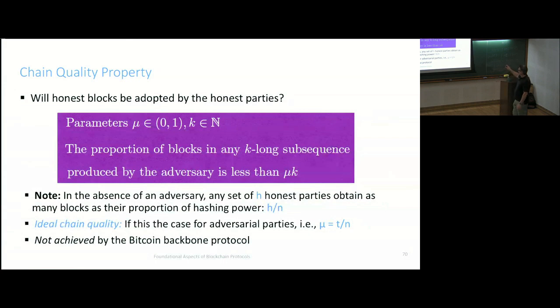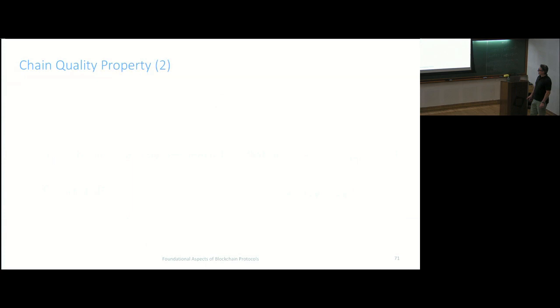If we have, say, H, the number of honest parties, then H over N is the proportion, so the proportion of blocks generated by those honest guys should be H over N. Okay? And it turns out that it's not achievable in this context.